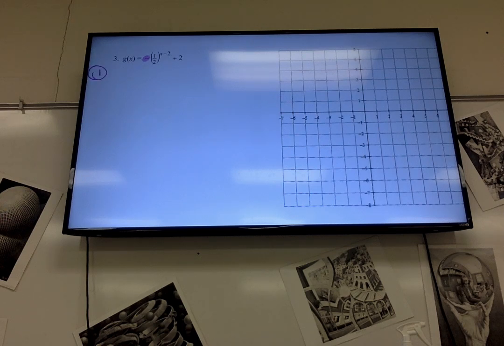What does that little negative do for us, Jenna? It reflects on the x. Yep. That's x-axis reflection. Then, if you notice with the x, there is no little negative on this one.